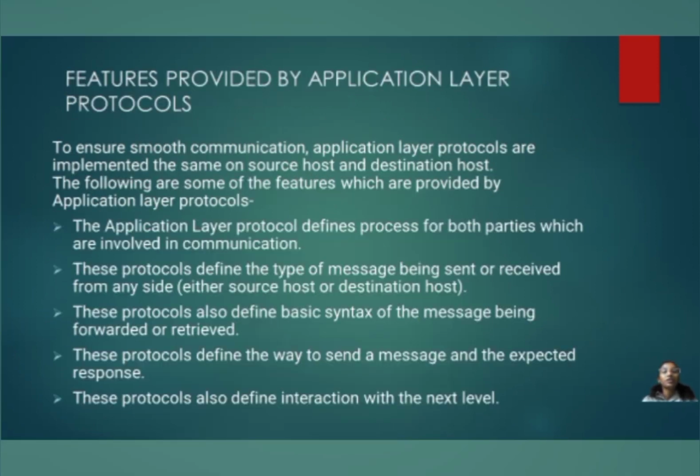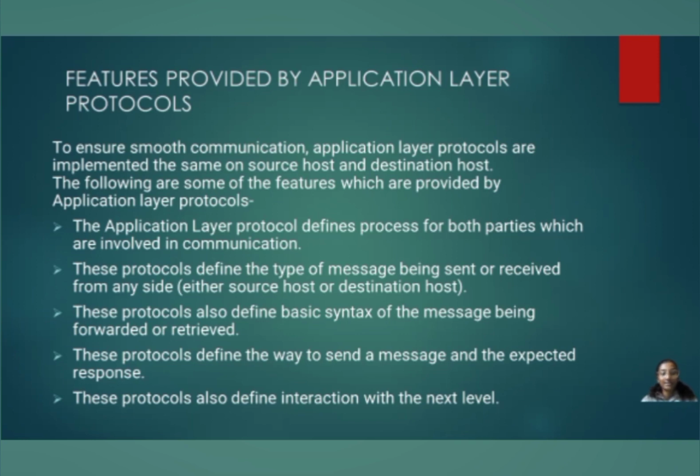Next, here are some of the features provided by application layer protocols. To ensure a smooth connection, application layer protocols are implemented the same on the source host and destination host. The following are some of the features which are provided by application layer protocols. The application layer protocol defines the process for both parties which are involved in communication.